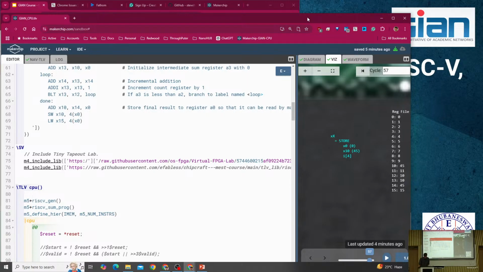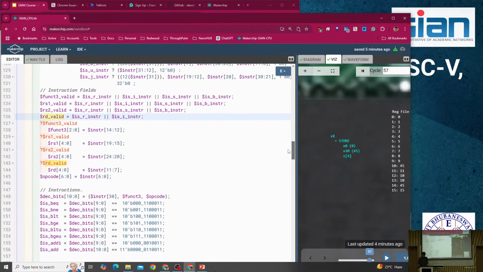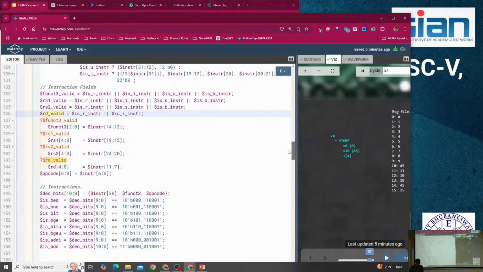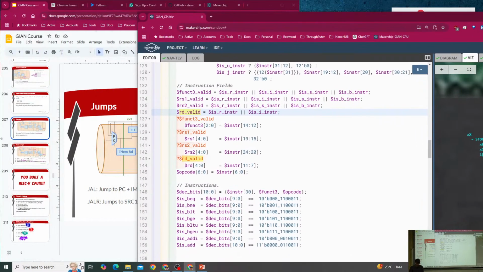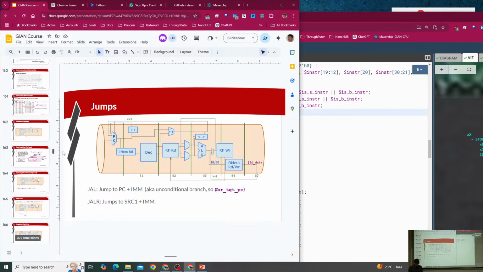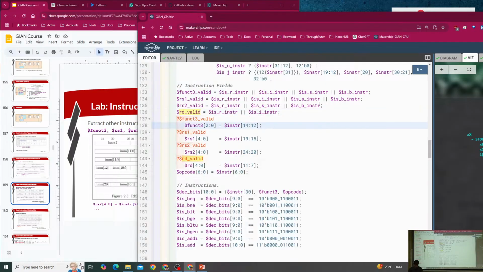Maybe I still have this logic wrong. Let's take another look. Is UJ, okay. So J and U type should have a destination.